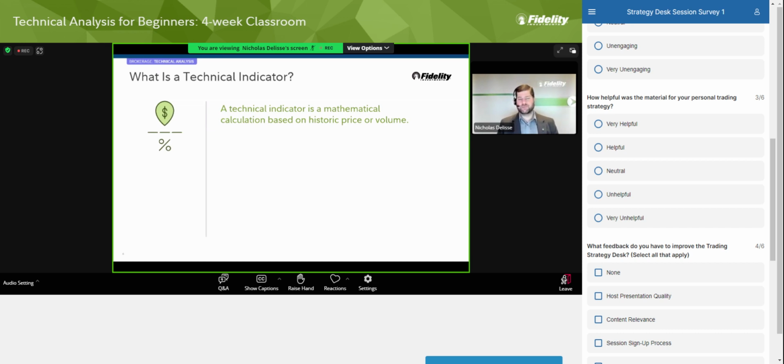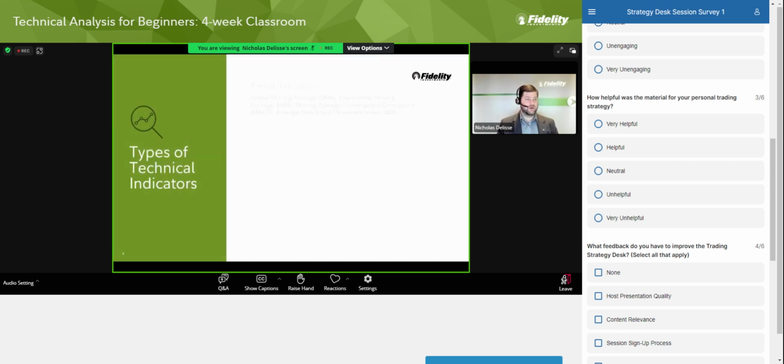It's a mathematical calculation, a tool, which is different than those lines that Peter was drawing, where it's a little more art. Yes, you can program something to draw a line based on criteria, but when it comes to indicators, they are what they are, so to speak.